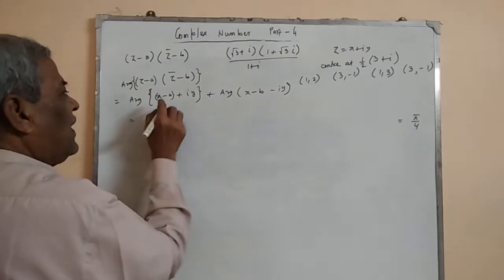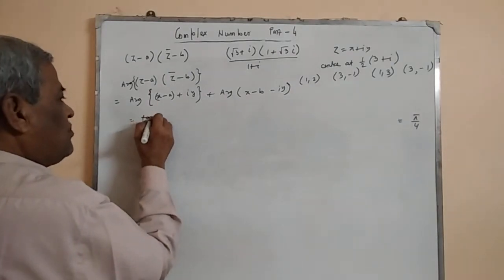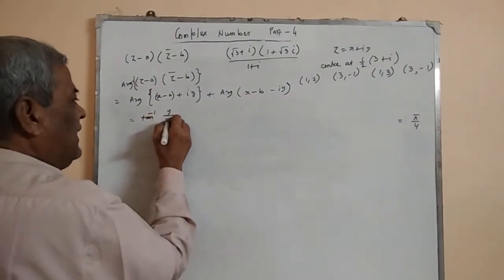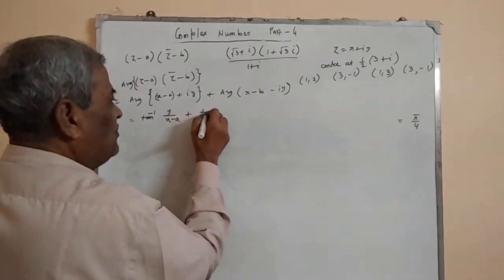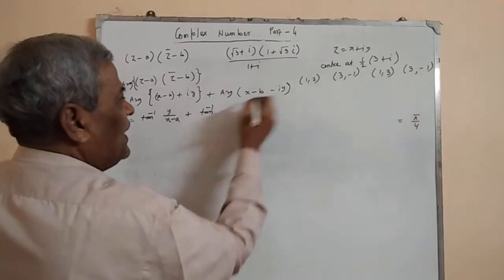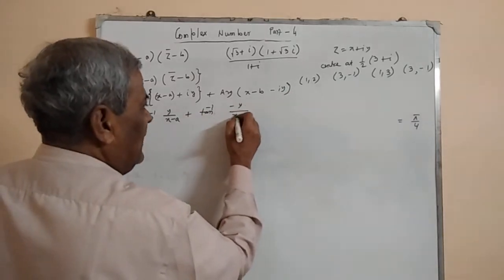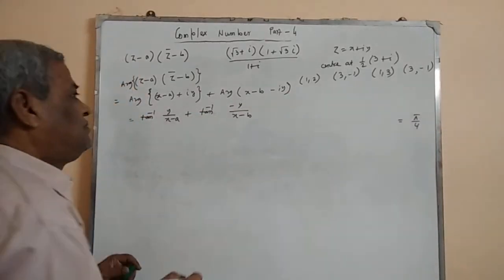This is equal to tan inverse of y by (x minus a) plus tan inverse of minus y by (x minus b).